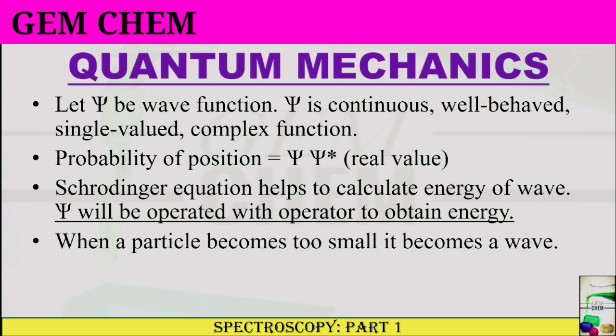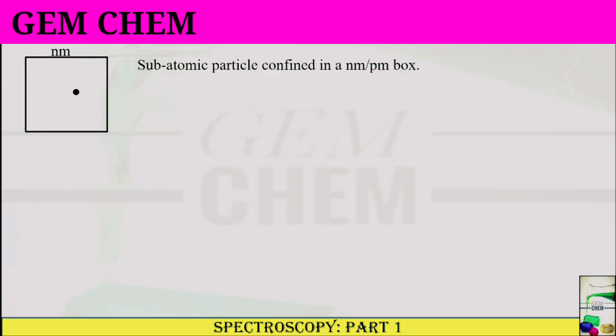Now what we need to do is, at first we developed, by using time and position x and t, a time dependent Schrodinger equation. Then at a steady state where t is constant, the time independent Schrodinger equation was constructed. Now when we consider a particle to be very small, it becomes a wave in nature. So if we consider this box, which means that a subatomic particle, which is this dot, is confined in a nanometer or picometer box. 1 nanometer is the length of one side of the box.